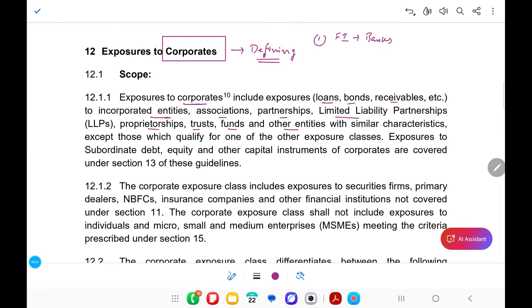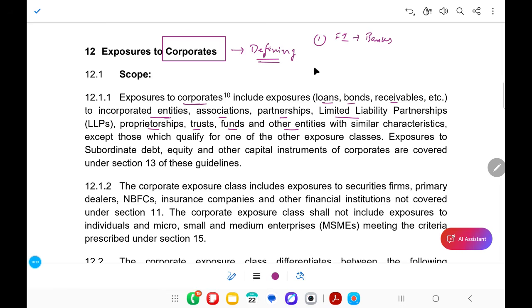Okay, so financial institutions which are not specifically covered under the banks class are included in the corporate asset class, right? So security firms, primary dealers, NBFCs, insurance companies are included under the corporate asset class.